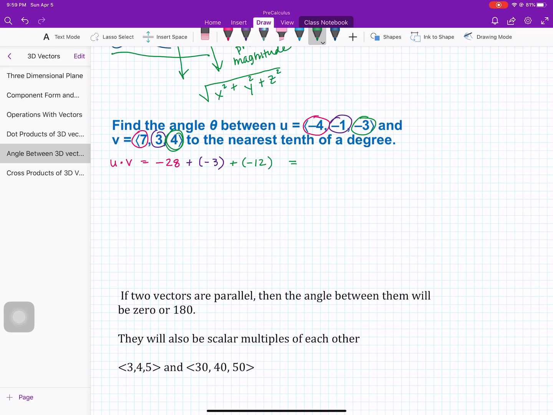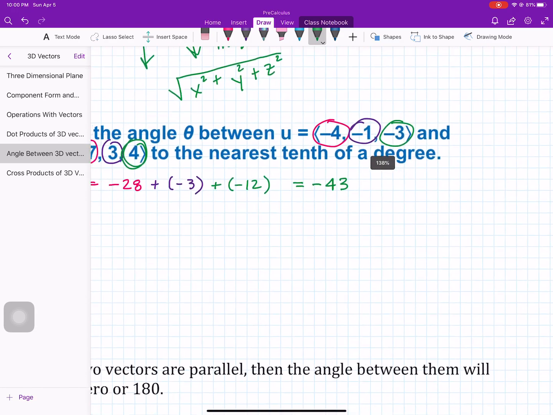So u dot v is 28 plus negative 3 plus negative 12. That gives us negative 43 for the numerator of our fraction.